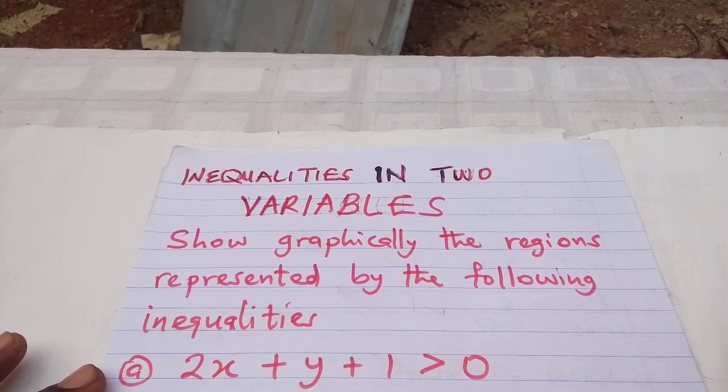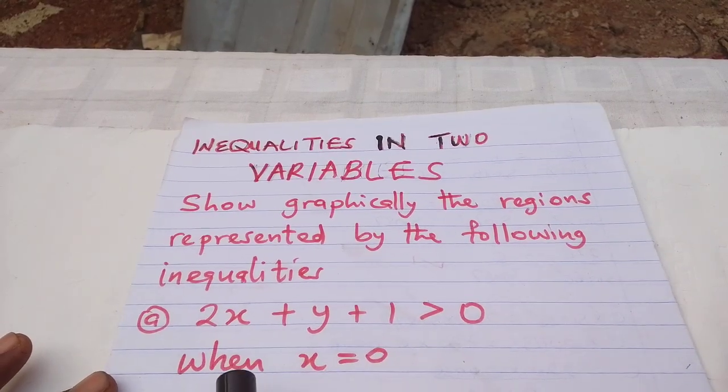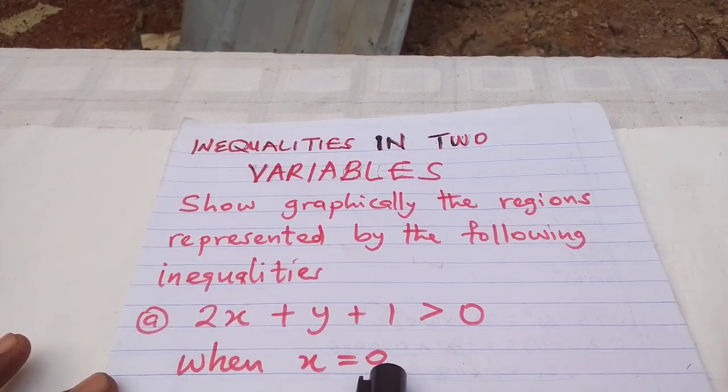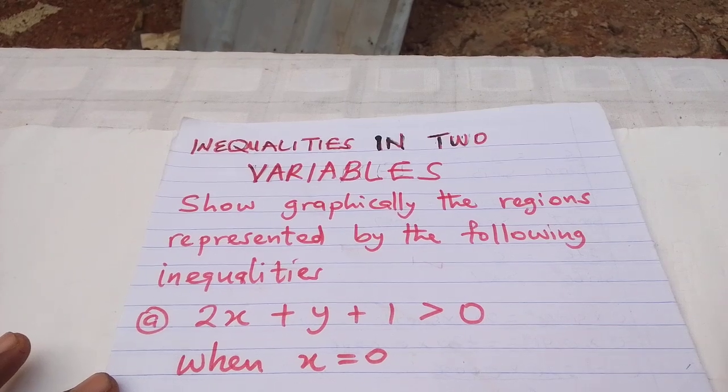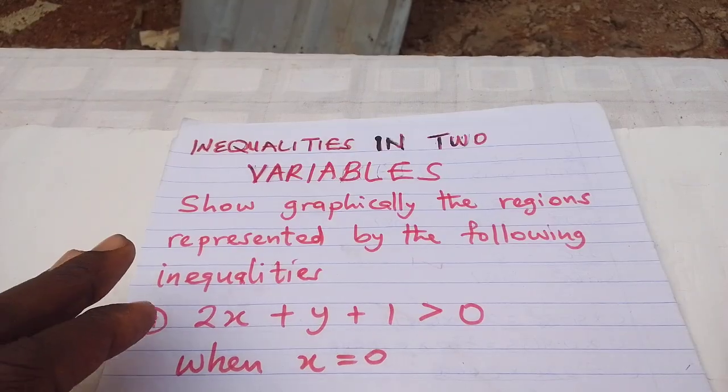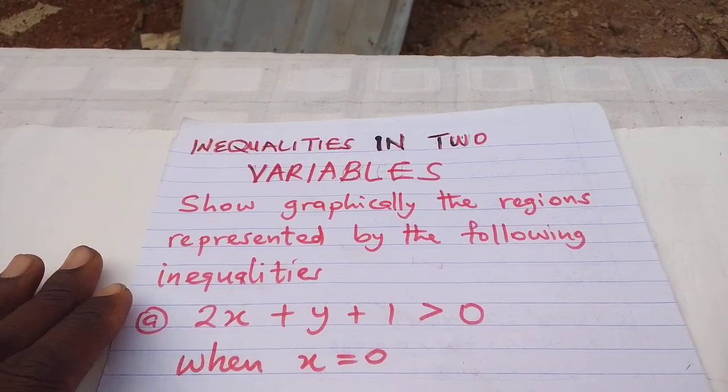Now, before we draw it on the Cartesian plane, we must know the coordinates of the points we are going to plot. So when the value of x is 0, we get the corresponding value for y.